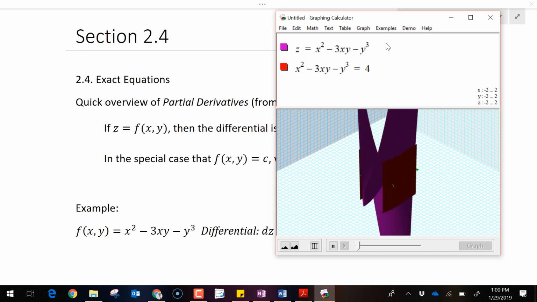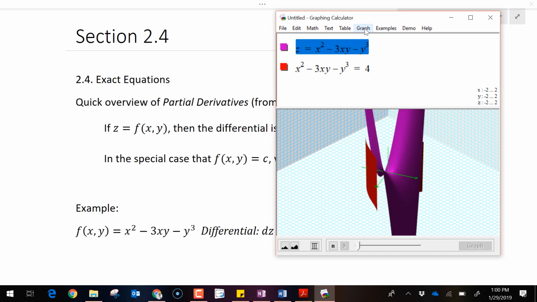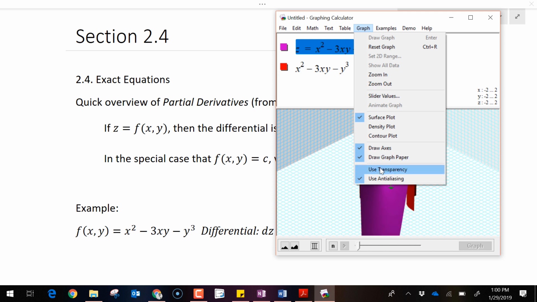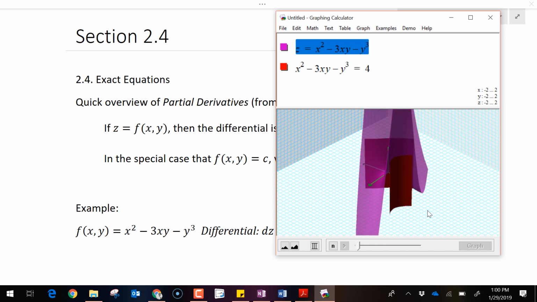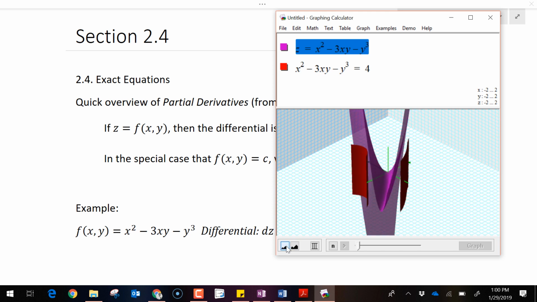Does it? Can you guys even see? Maybe if we zoom in or zoom out.